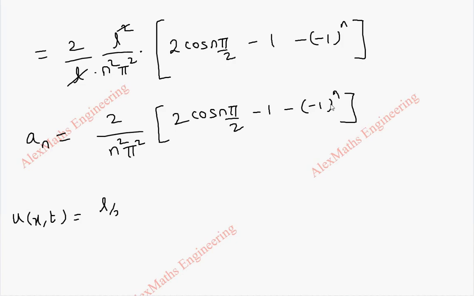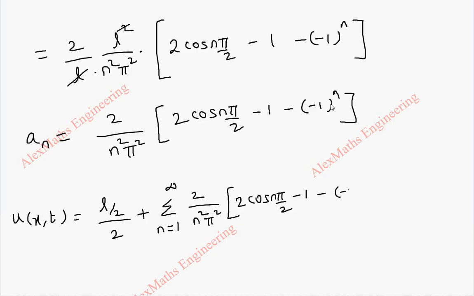So already this is L by 2, then by 2 will come. Then plus summation n is from 1 to infinity. We had an, but an is this whole thing, 2 by n square pi square into 2 cos n pi by 2 minus 1 minus of minus 1 whole power n.